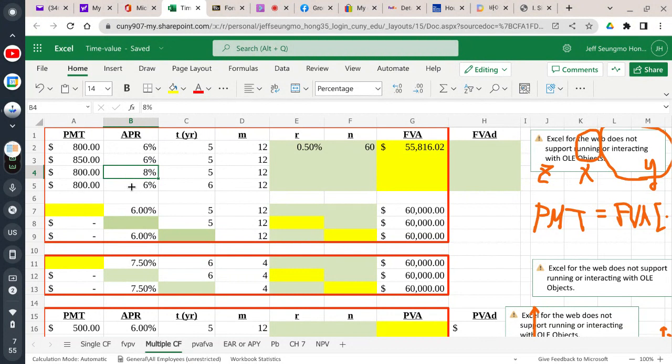It's not going to be easy to find a bank that pays 2% higher than the going rate. But let's say we found something like 8%.